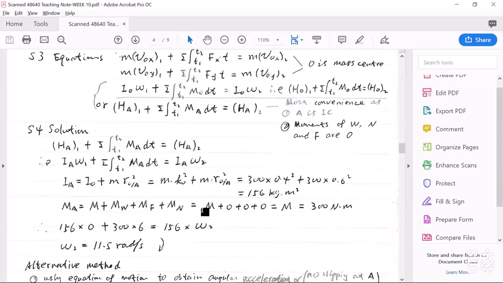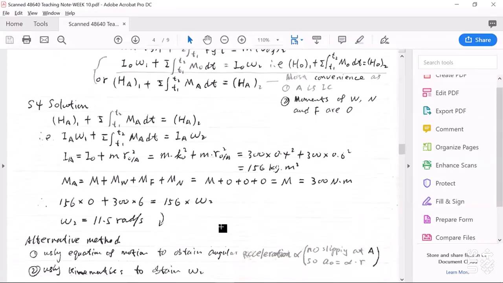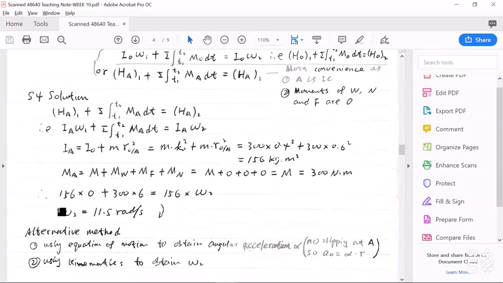Substitute all these parameters into this equation, and we will find we only have one unknown parameter, omega 2. So this omega 2 can be easily calculated. It's positive, so this means omega 2's direction should be clockwise according to the defined coordinate system.